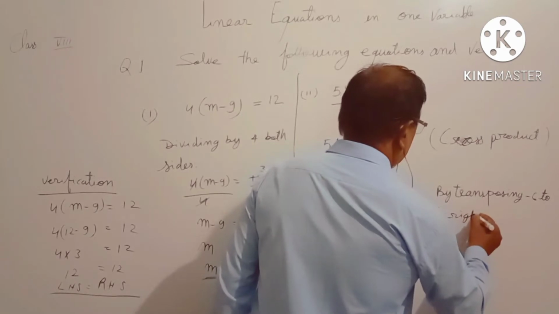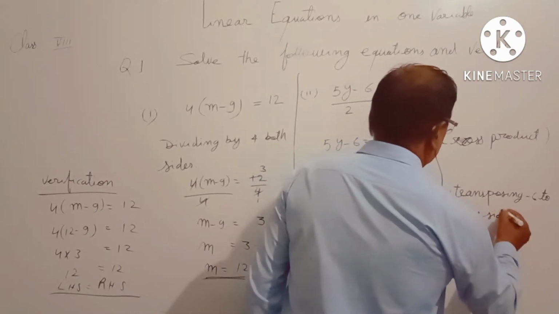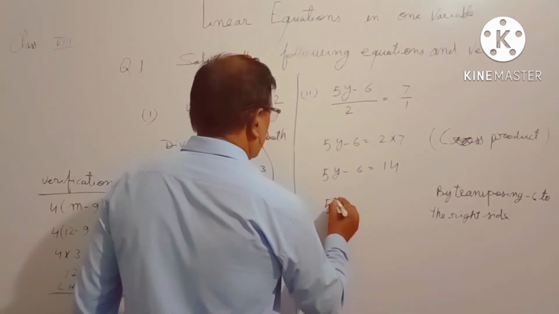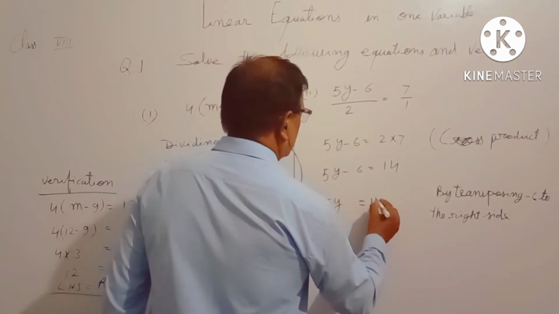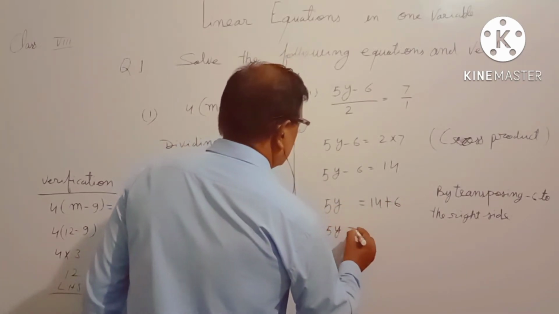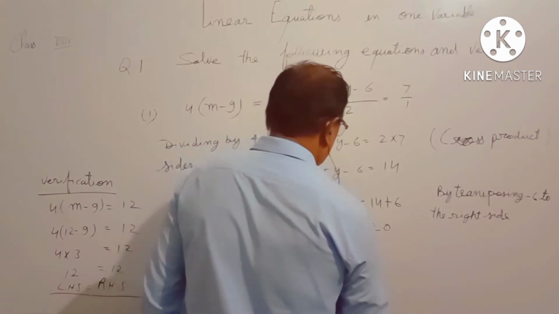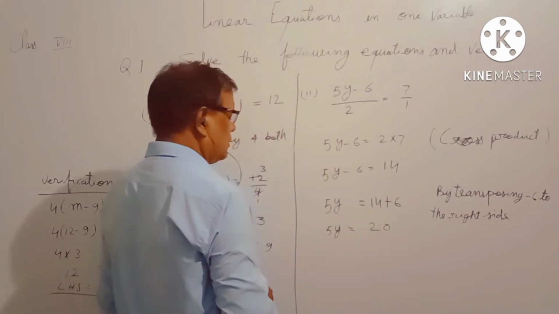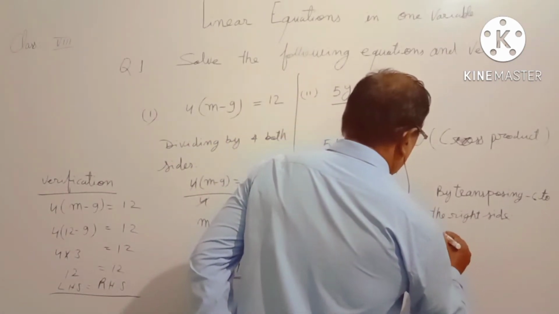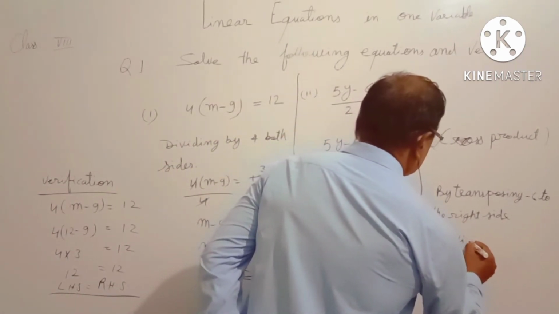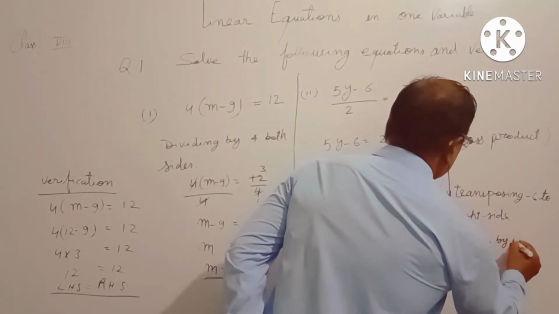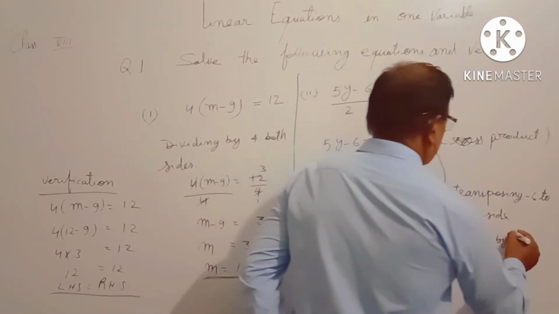Now we transpose: 5y equal to 14 plus 6, or 5y equal to 20. Now we see 5 is in multiplication, so we divide both sides by 5.